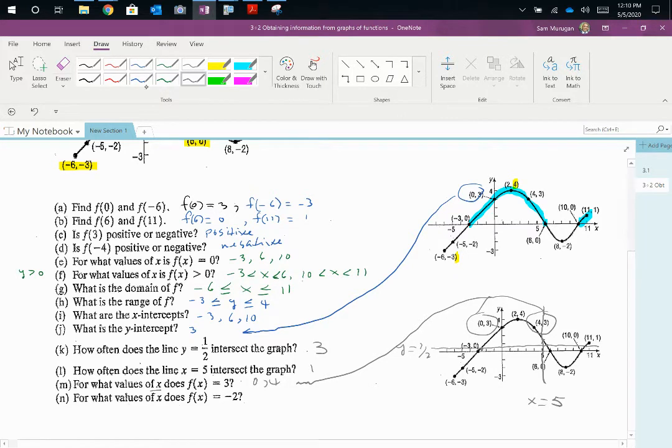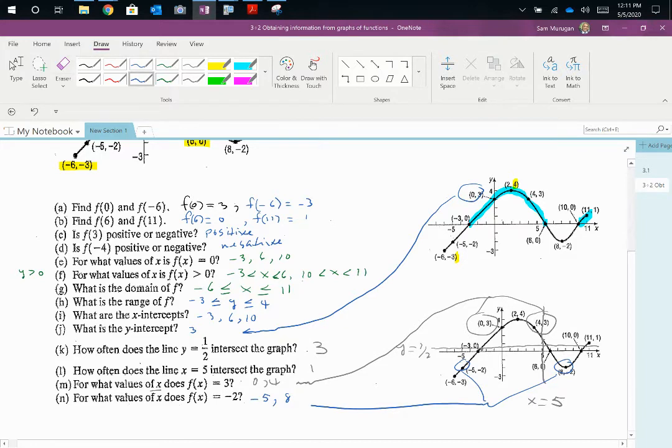And we can see that those are two values here for -2. This one and this one. So those two values are -6, I'm sorry, -5 and +8.